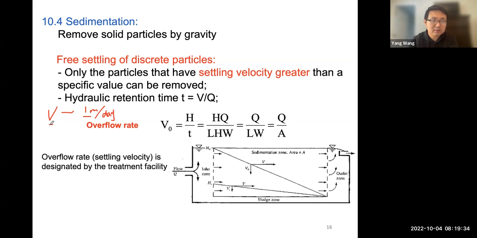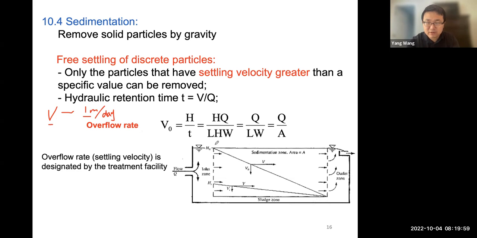How does this velocity relate to the dimension of this sedimentation basin? Here I already have the equation, but you can also think about it in a more physical way. The particle settles down from this location to this location with a vertical settling velocity of a certain value.